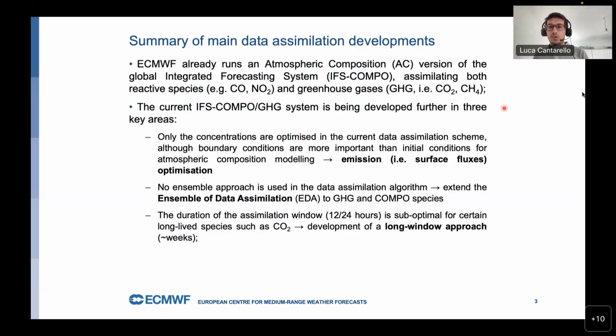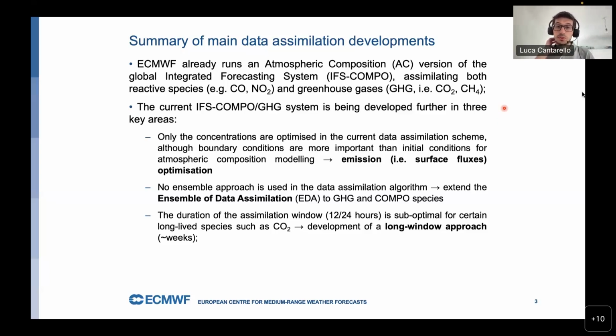And we assimilate in this model both reactive species, so CO, NO2, ozone, but also greenhouse gases, which are more the focus of this presentation, like CO2 and methane. And so there are three areas in which we are developing the system further.